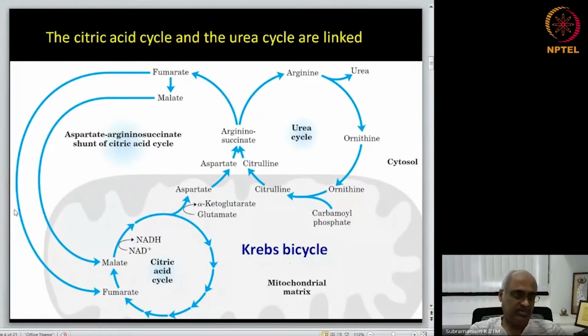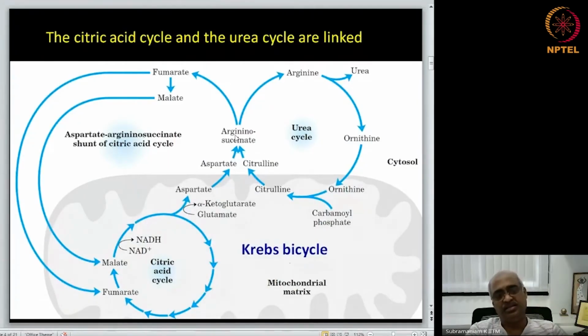And both of this actually can enter at two different places in TCA cycle. And that is how, via this aspartate arginosuccinate shunt, shunt meaning a side track of the main path. So this is the main cycle here, and here this is the main cycle. And the oxaloacetate getting out of this main path is what we call as a shunt, aspartate shunt.